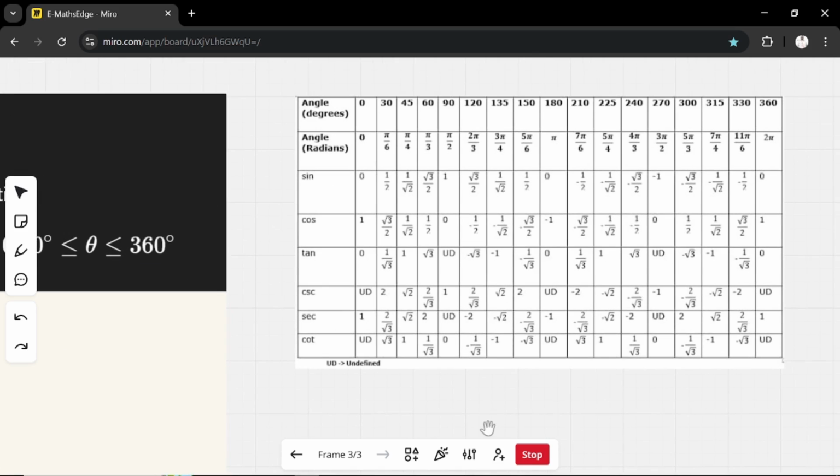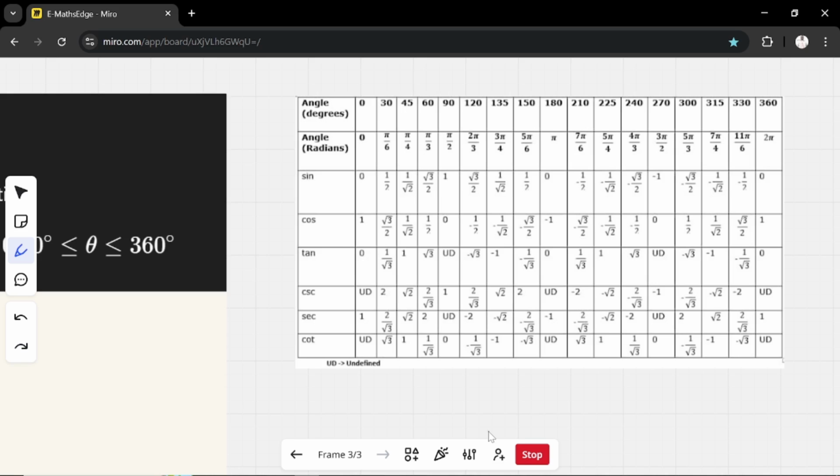So looking at our trigonometry table, you check for the row of tan. Where is tan θ equal to 1 all over root 3? At this point, we have tan θ to be 1 all over root 3. And if you check the corresponding angles in degrees, we have 30 degrees, right? So let's check further.